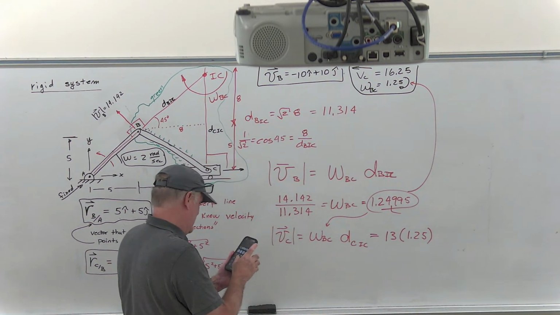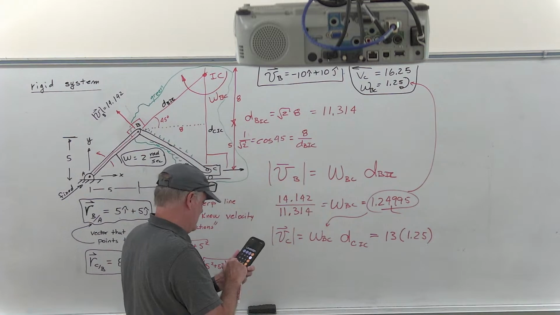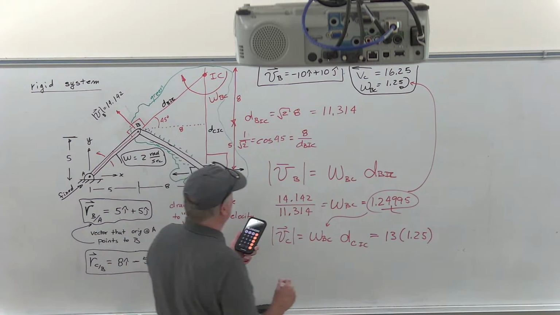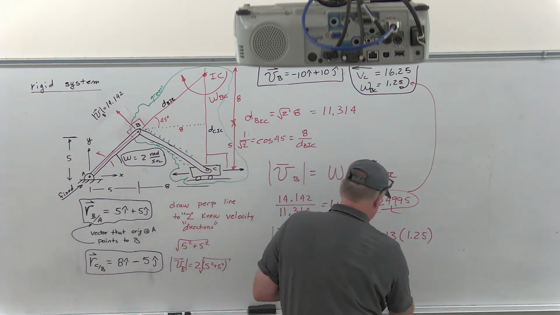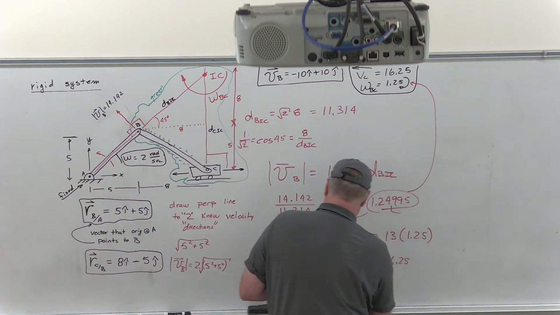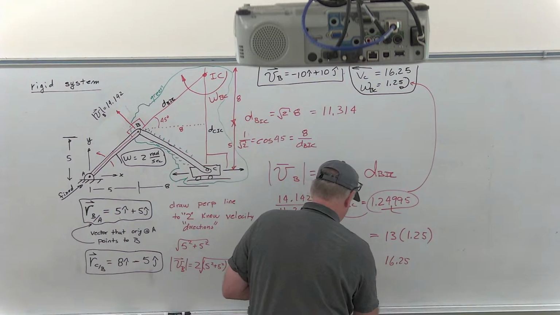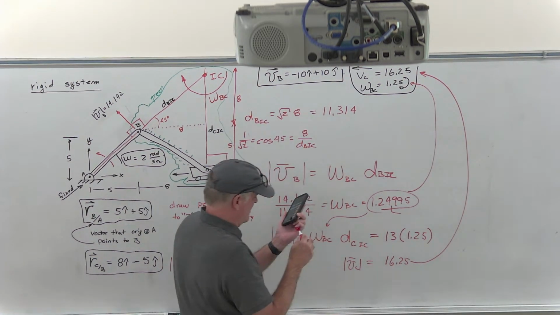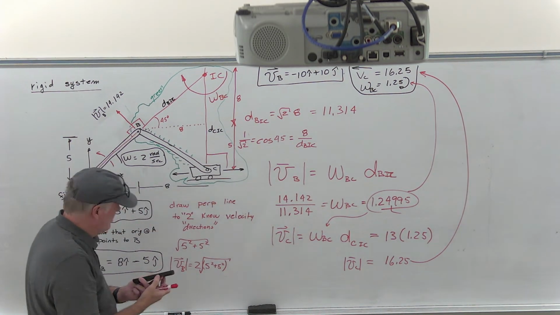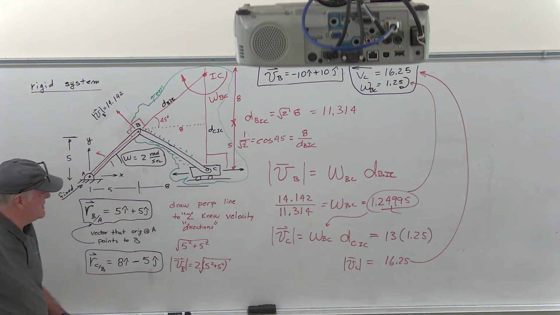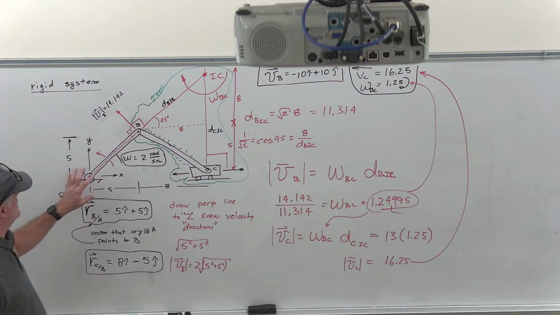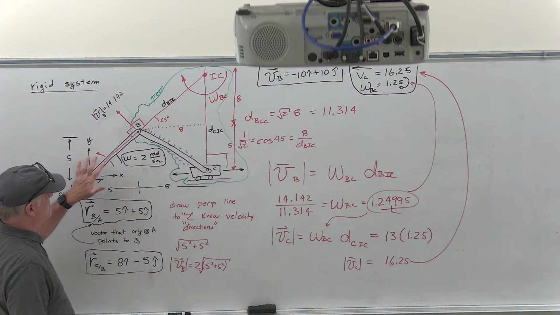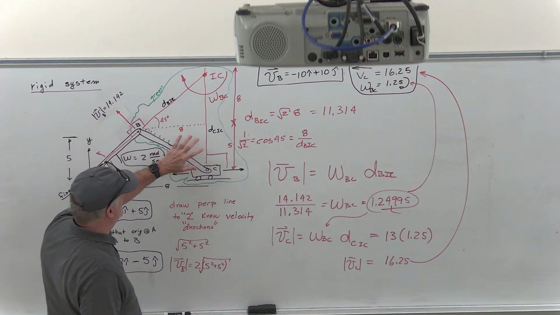So, times 13, oops, okay, is 16.25. So the magnitude of the velocity at C is 16.25, the same thing we found out there. So there are two completely independent ways. Now they're dependent in the fact that they all relate to the same mechanism.